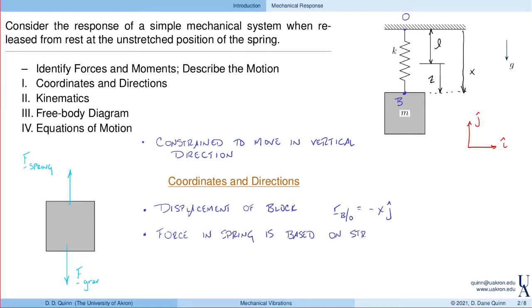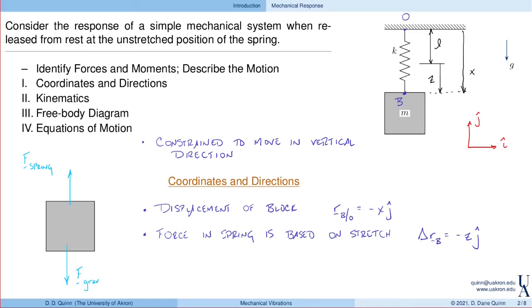And the stretch is basically the displacement of B. So here, the displacement of B is minus z in the j direction.